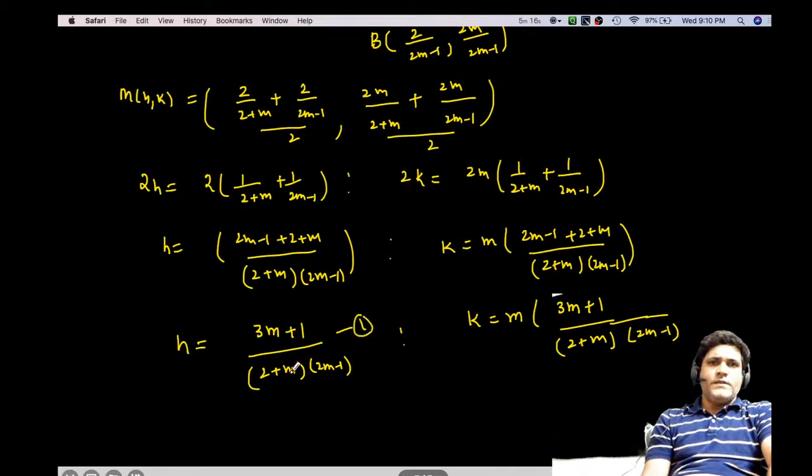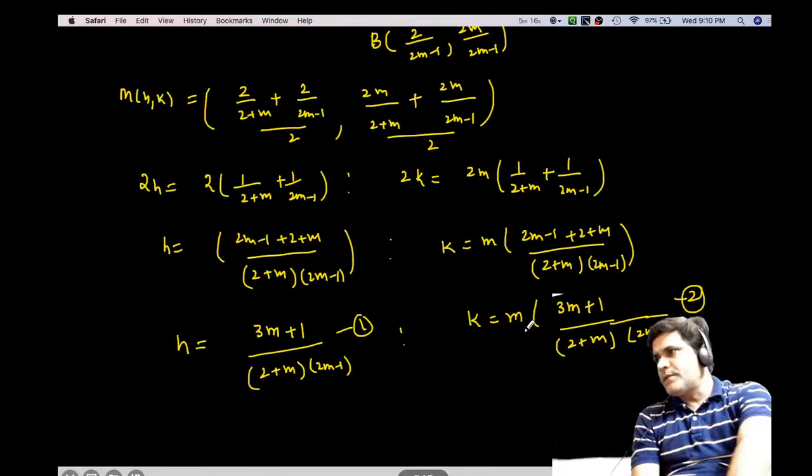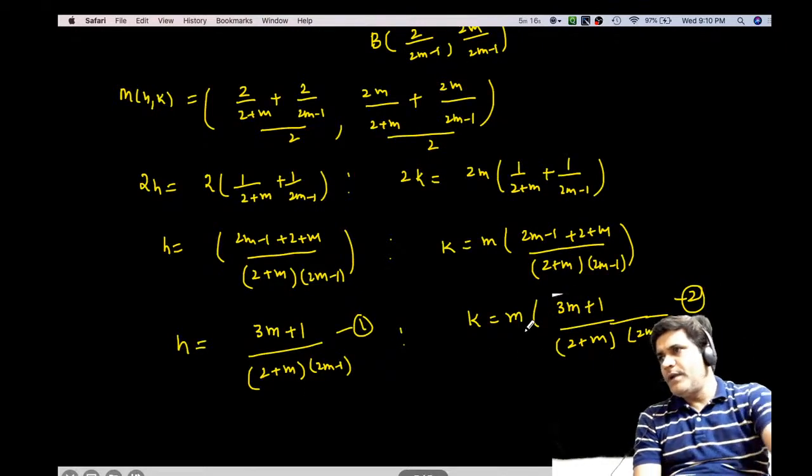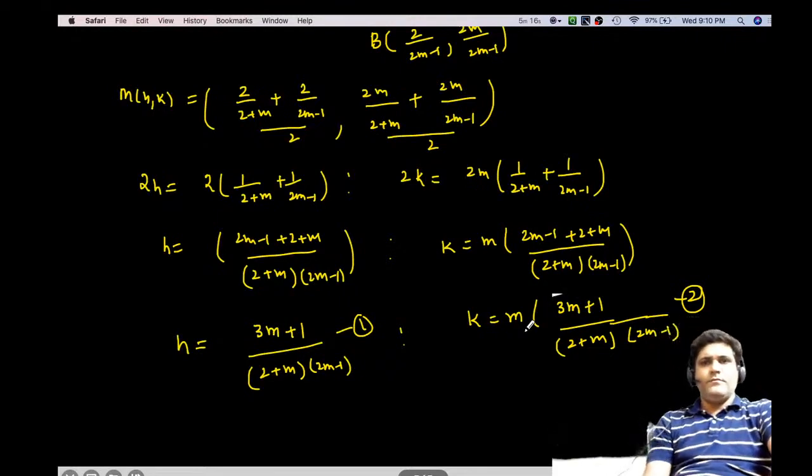So let this be 1 and this one be 2. From this, can we eliminate the parameter m from 1 and 2? Otherwise, can we get the value of m in terms of h comma k? How to get the value of m in terms of h comma k?